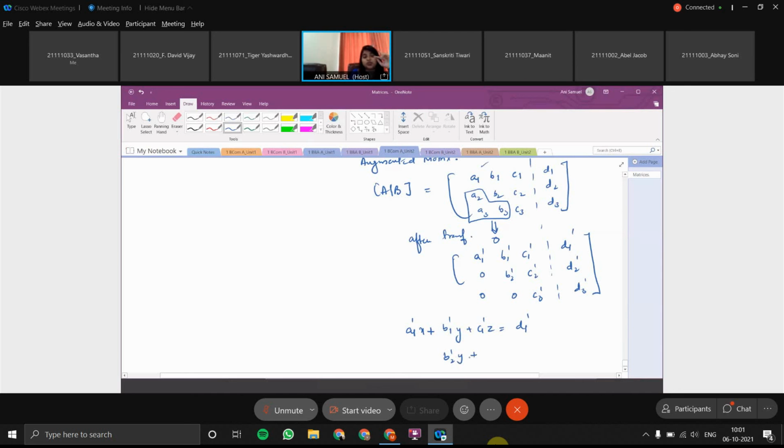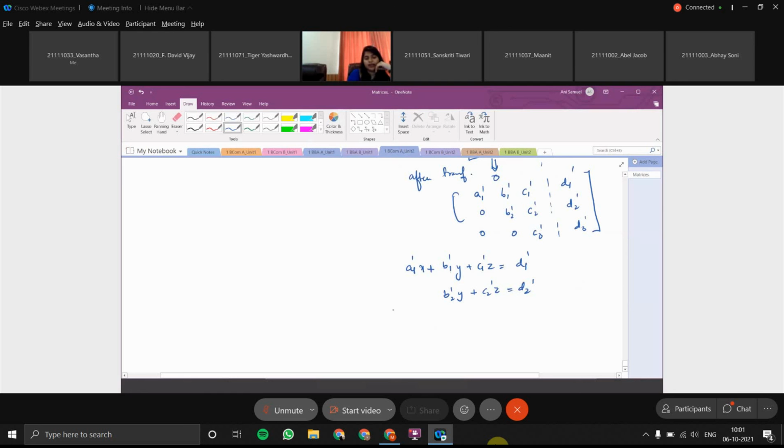Many a times when you interchange the rows, it becomes different. So that is why we don't keep it same. And C3Z is equal to D3. Now you do the backward substitution here. I hope everyone understood this.